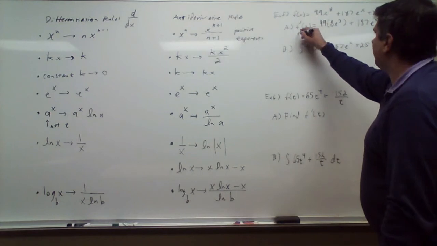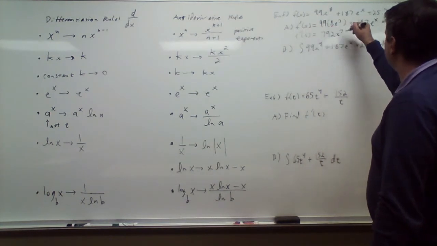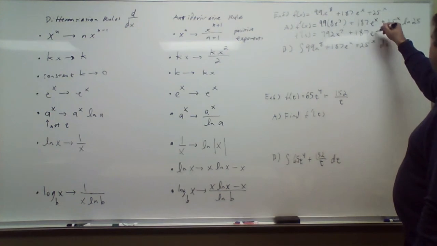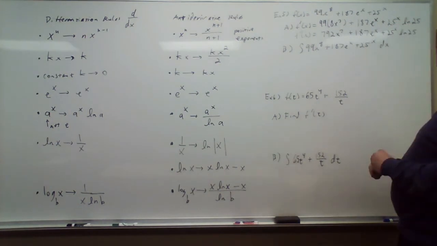Okay, simplifying this, I would get 792x to the 7th plus 187 e to the x plus 25 to the x natural log of 25. Okay?